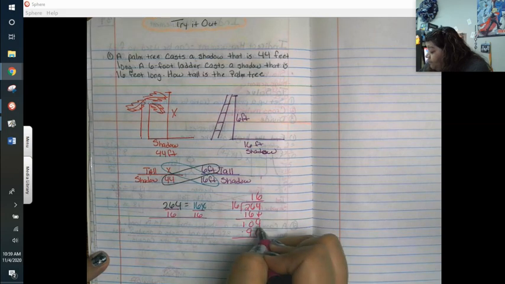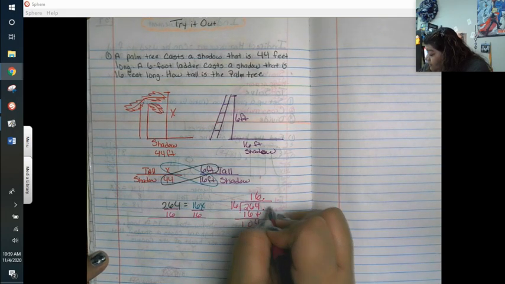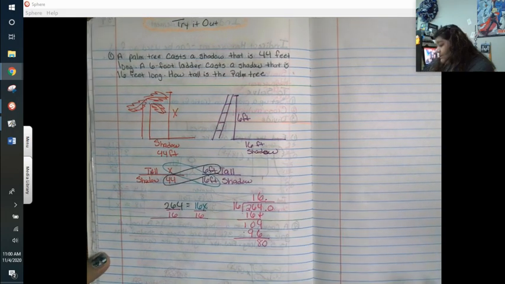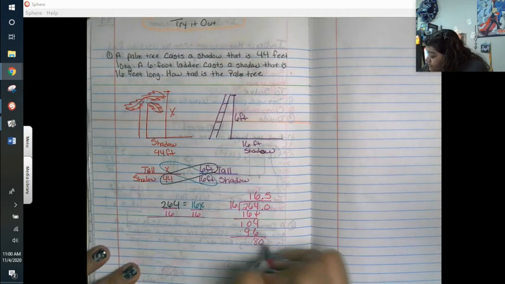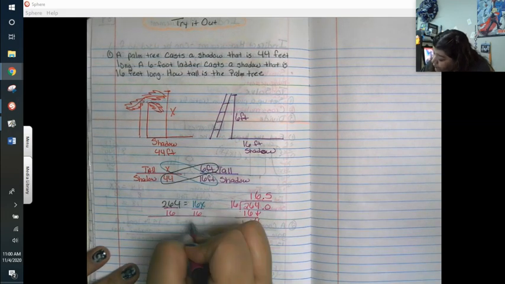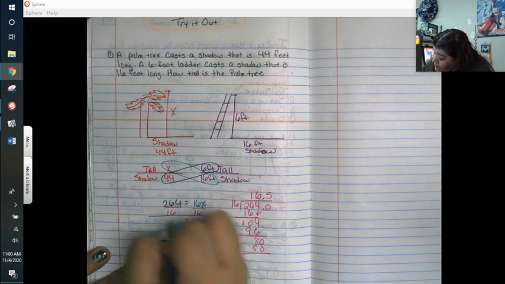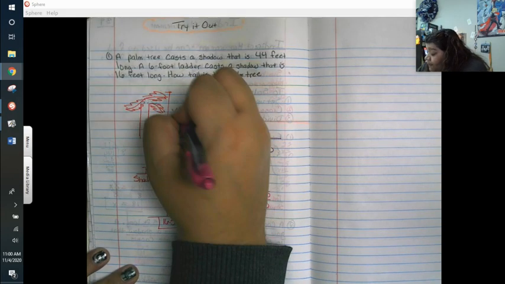Okay. 8. And add a 0. 16 into 80. 5. Perfect. So he is 16 and a half feet tall.